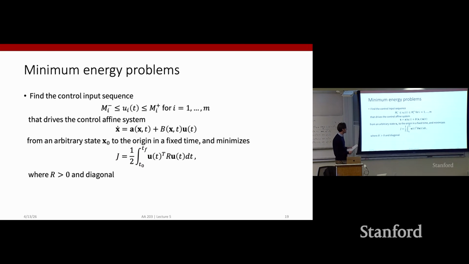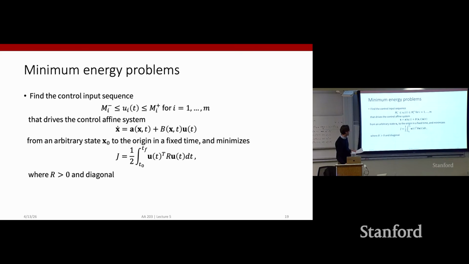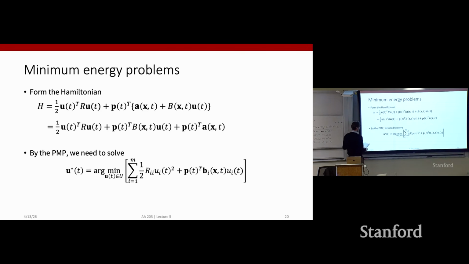So the third case of the minimum energy problem, I would just go through quite quickly because it's exactly the same case as the one that we did on our parabola and the negative p2 that we did just after the definition of the PMP. Again, here the cost we're minimizing is a squared cost functional. We would be doing the exact same steps where we define the Hamiltonian. Because we are assuming that R is positive definite and diagonal, everything nicely decouples.